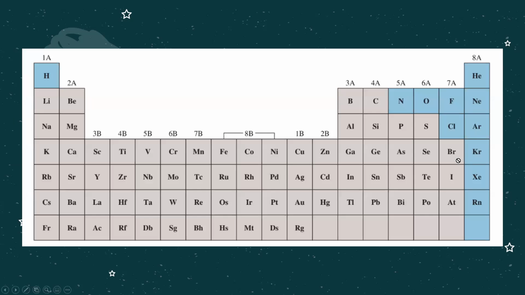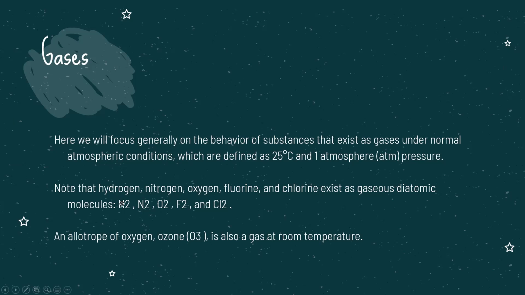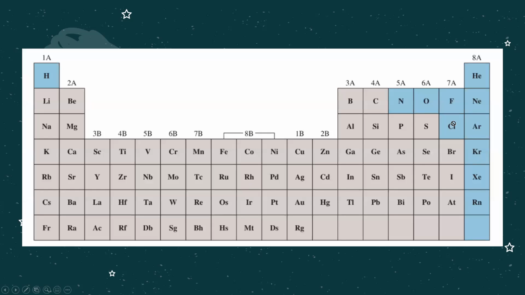I think we talked about some of this last time. Some of them stay as diatomic, so it's a good idea to memorize these. It's not that hard. Cl and F, and these two as well, Br and I, when they're gases.